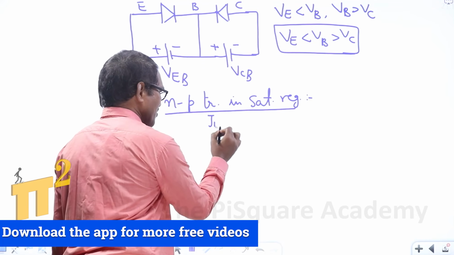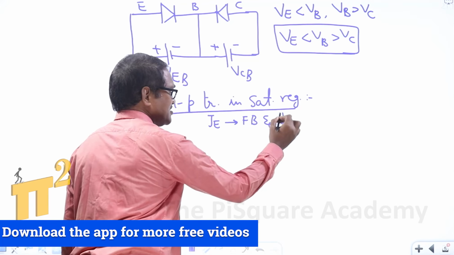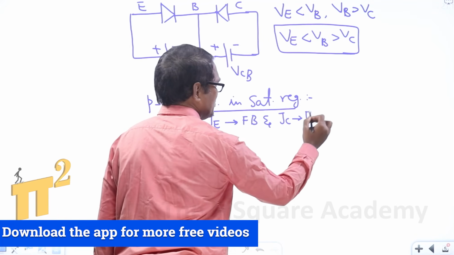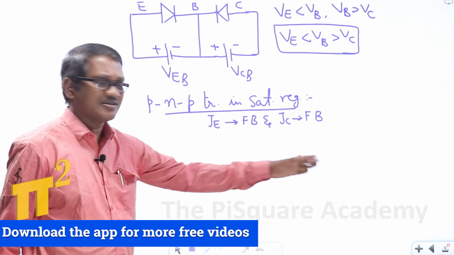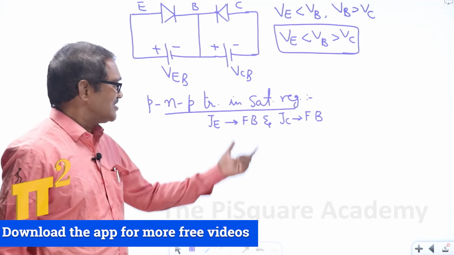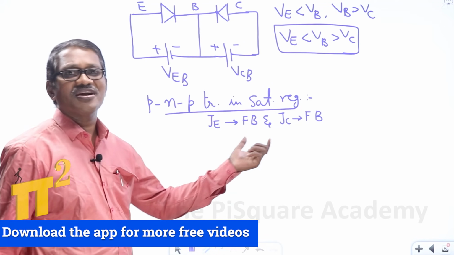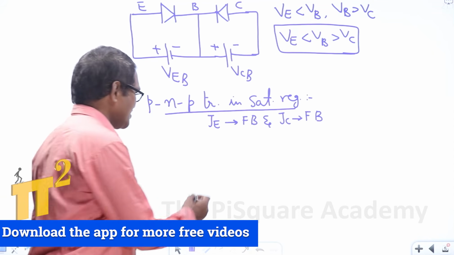JE must be forward biased and JC must be forward biased. Both the junctions must be forward biased, not reverse biased. This is the condition that must be satisfied to use a transistor in the saturation region. Have you understood this?